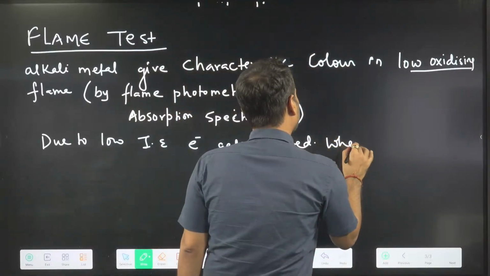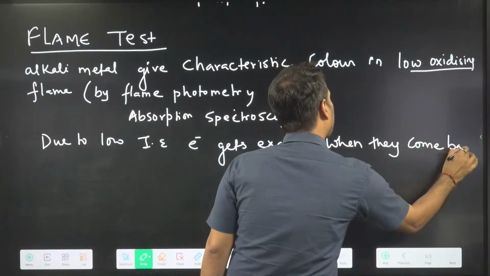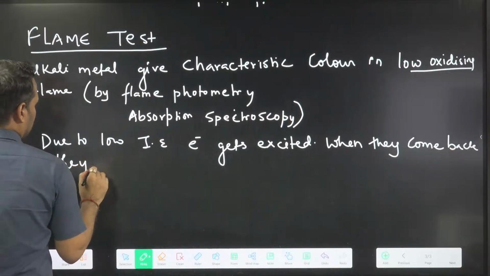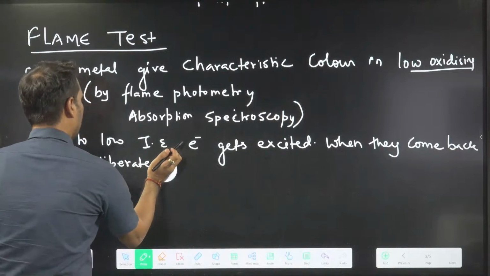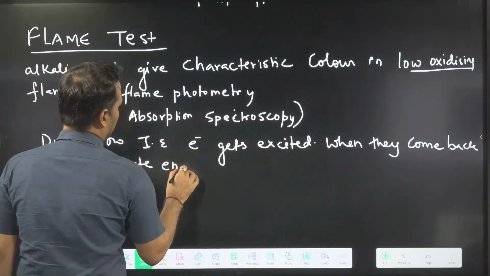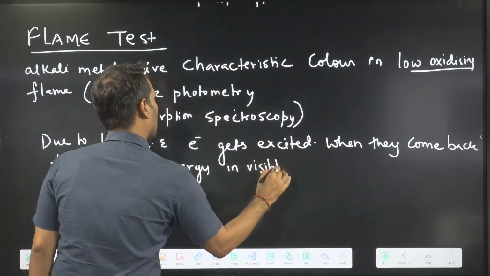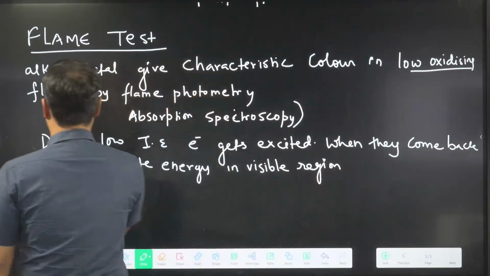When they come back, they liberate energy in the visible region. So that's why we are able to see color.